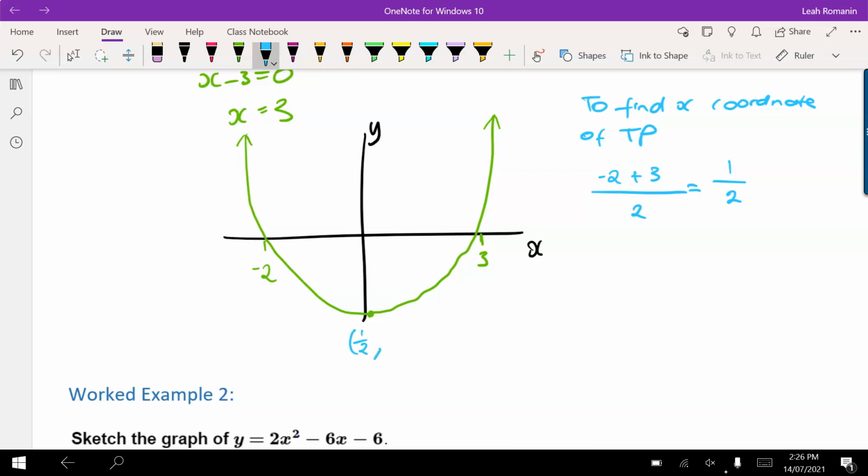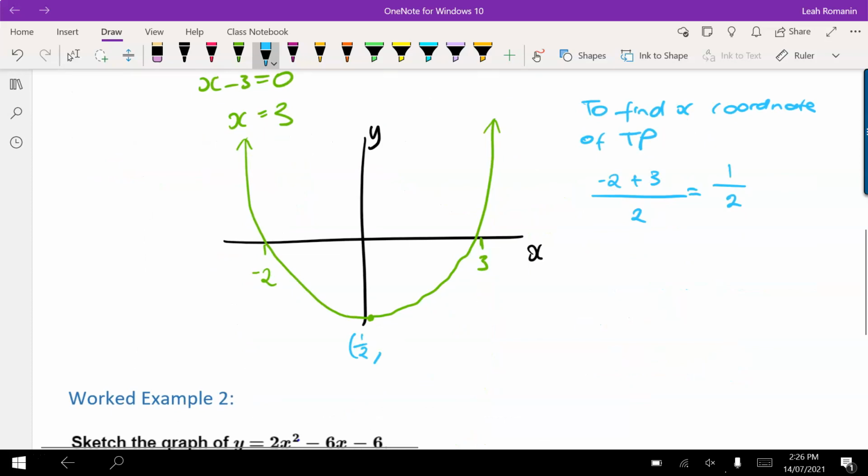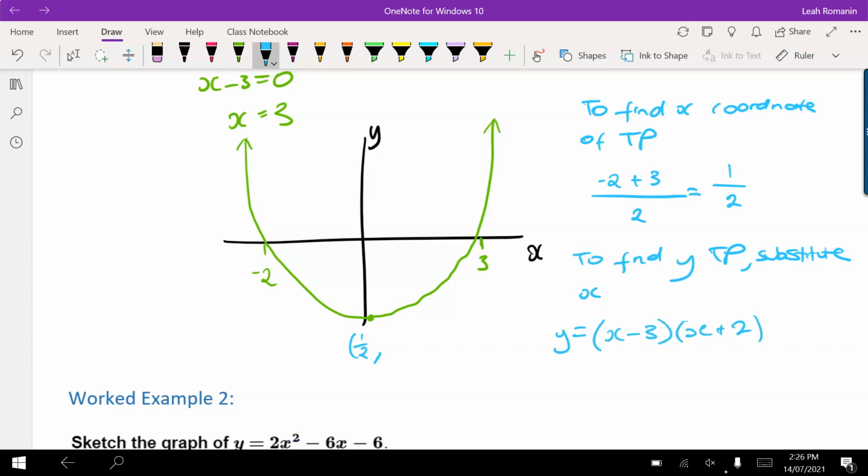How do you think I now find the y-coordinate of my turning point? Yes, good. I heard someone whisper it over there. Substitute. I'm now going to substitute that half into my equation that I've got up here. So to find the y turning point, substitute x. So I've got y is equal to x minus 3 and x plus 2.